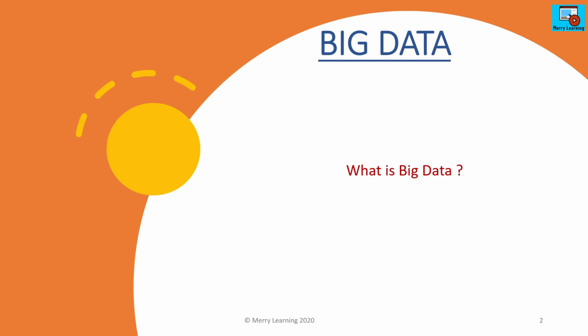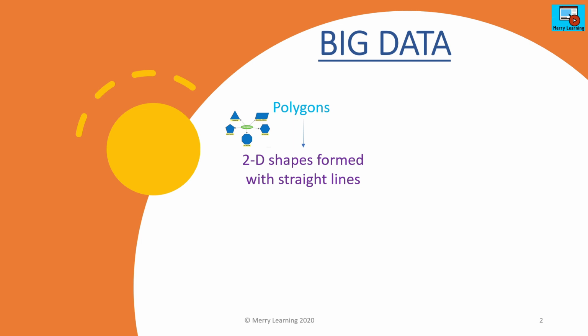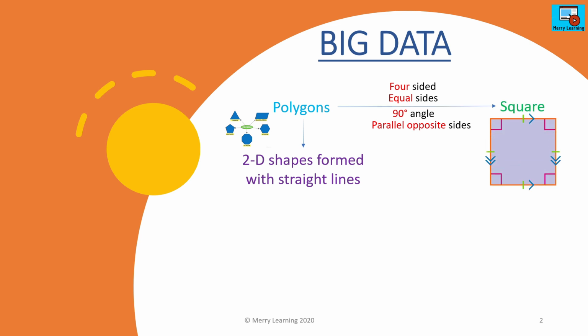Let's start with the crux of our entire topic, what is big data? Straight and simple answer is, it's nothing but data, which shows certain characteristics. Let's try to understand with an example. We know what are polygons. They are nothing but two-dimensional shapes formed with straight lines. Now, if a polygon is four-sided, with all sides of equal length, 90-degree angles between the sides, and opposite sides parallel, then it is called as a square.